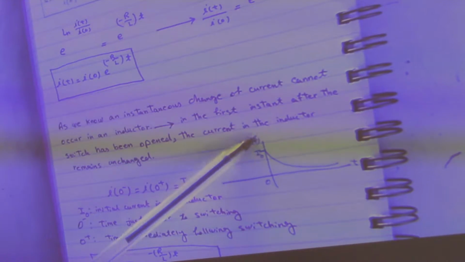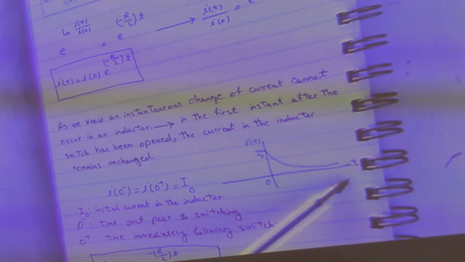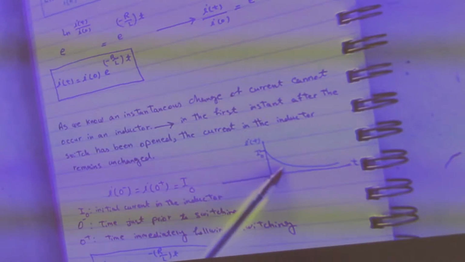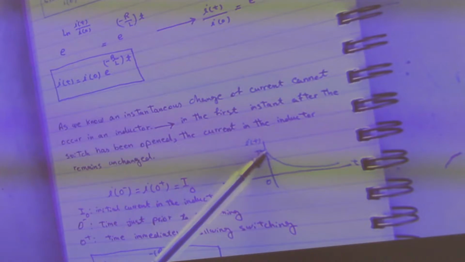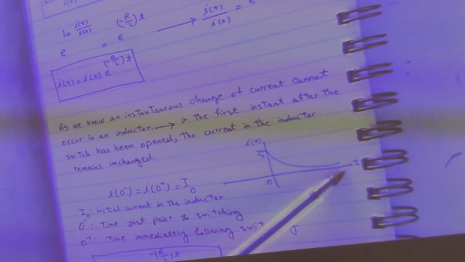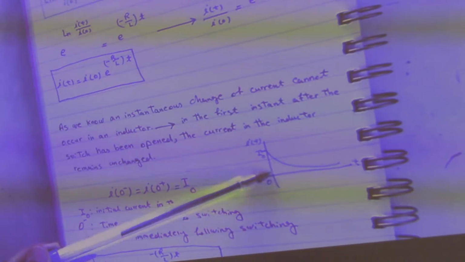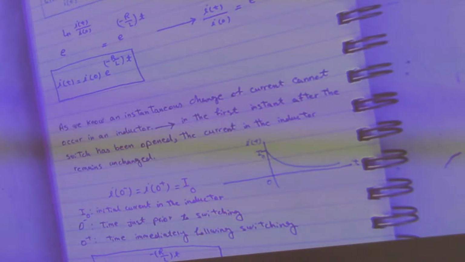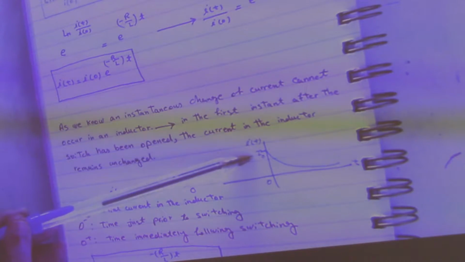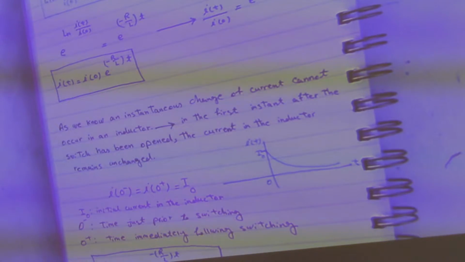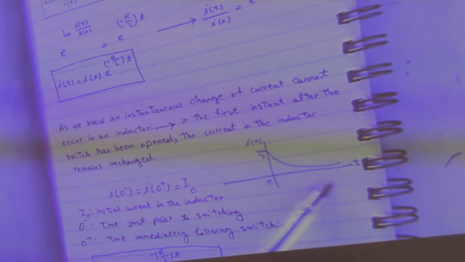If we plot it as a function of t, you can see I is decreasing, a decay for I. But what you see before the switch was closed, we had some current, we call it I naught. When I open the switch, current is going to decrease, but slowly.